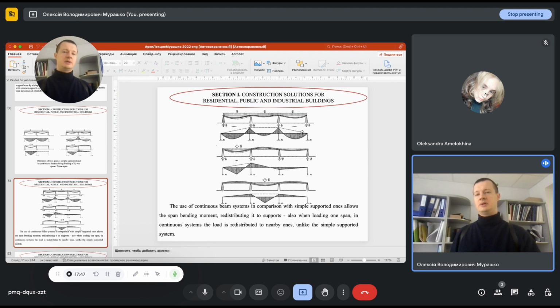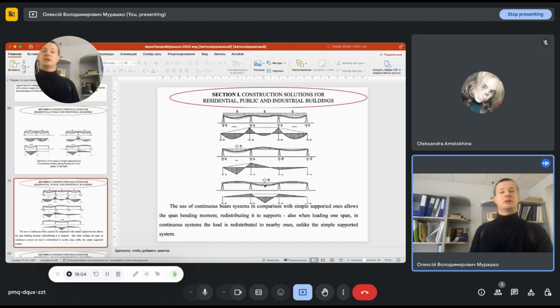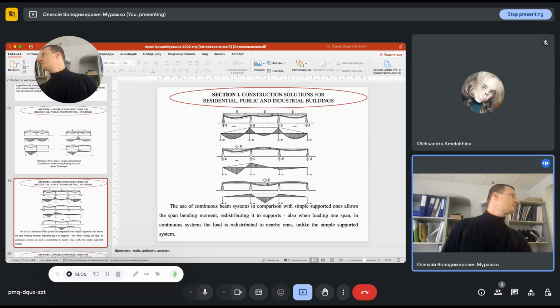If we give the load to a continuous beam, we will see that this bending moment is redistributed into this and also this span. When we locate the load in the central span, we can see that this bending moment is also redistributed into the neighbor spans.